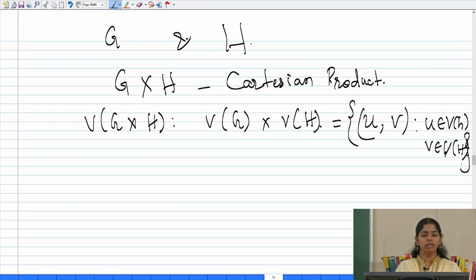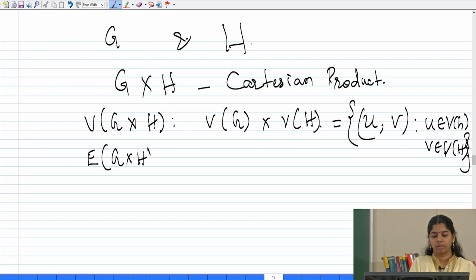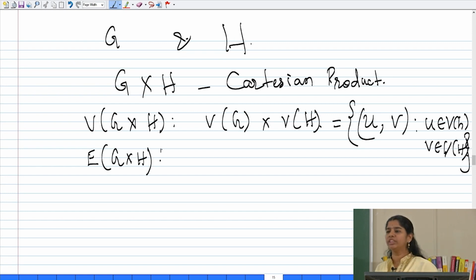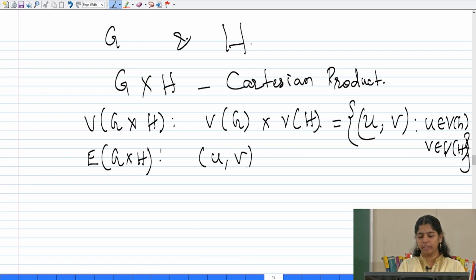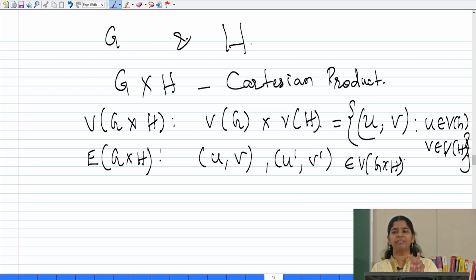So, how about the edges? How will it be connected now? E of G cross H. One way of doing it is, this is where various definitions for products come into the picture. For the Cartesian product, we also call it the box product. The idea is, if you have two vertices, say (u, v) and (u prime, v prime) coming from the vertex set of G cross H, you say that an edge exists between these two pairs.